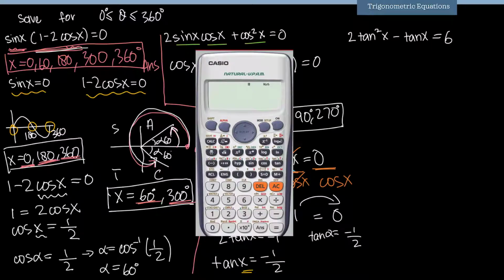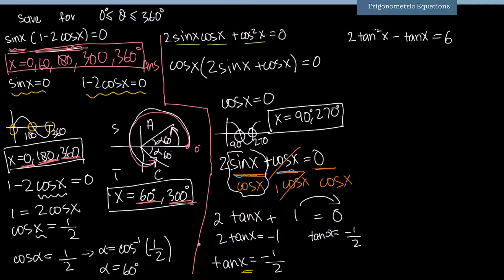And if I use a calculator, tan inverse of minus 1 upon 2 is equal to minus 26.56. So alpha is equal to minus 26.56. I can round off to one decimal place, so minus 26.6 degrees.